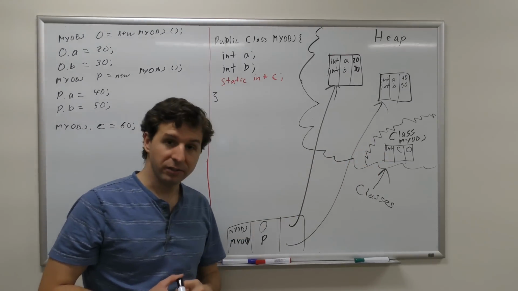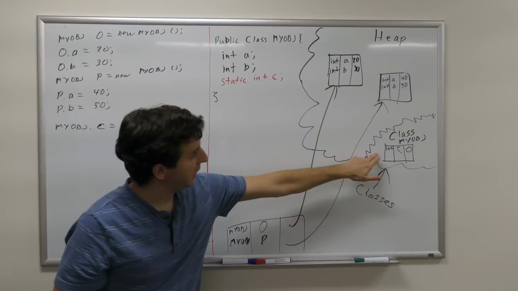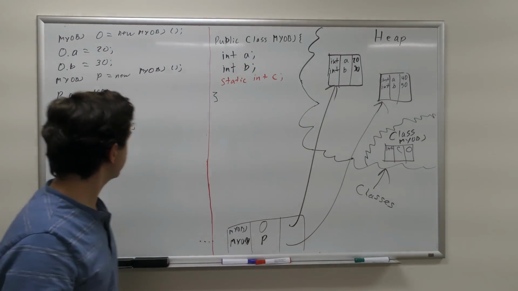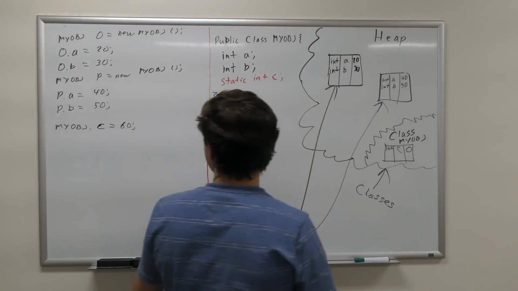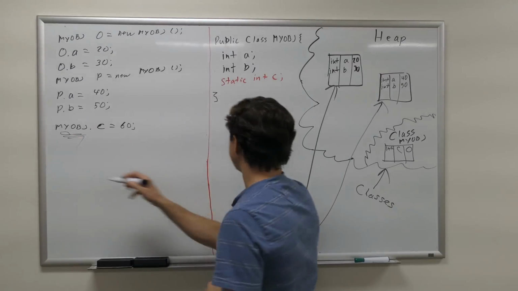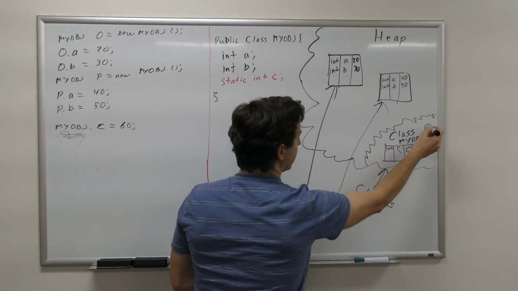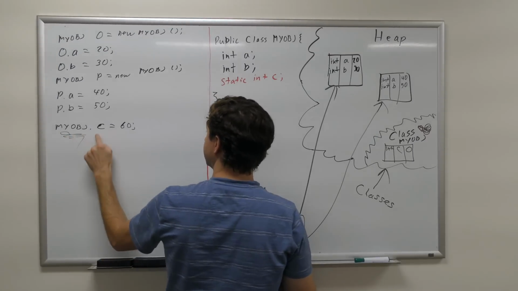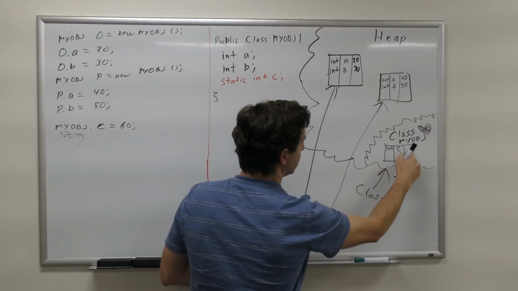If they couldn't, you'd have a problem, because you need these classes to create the objects from them. So, when we say myObject.c, we're referring to the class right here. The class myObject.c is equal to 60.